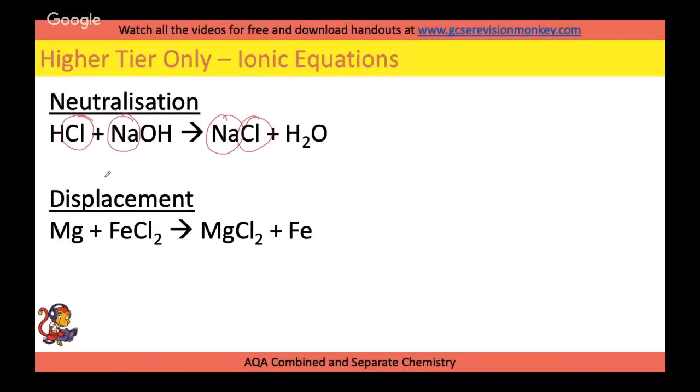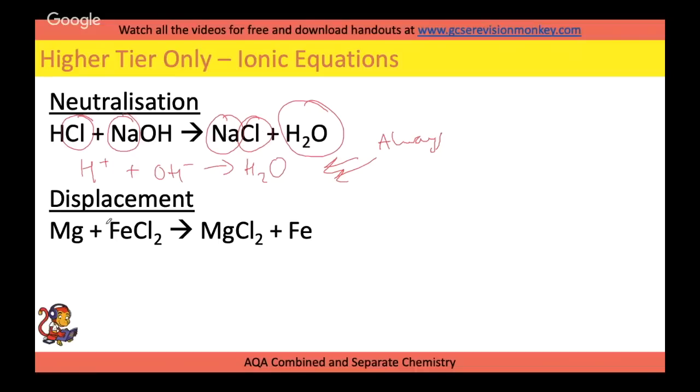But these ions, H+ and OH-, turn into a molecule over here, H2O. So whenever you see a neutralization ionic equation, it will always be H+ plus OH- makes water. That will always be the ionic equation when you've got a hydroxide and an acid reacting to make a salt plus water. So look out for that one.